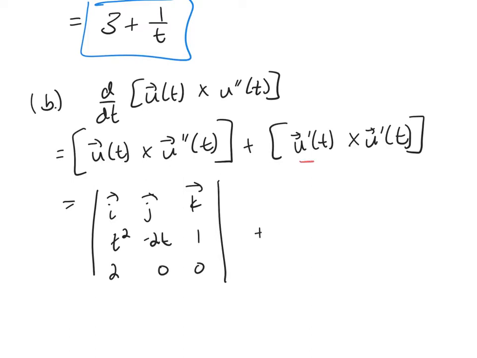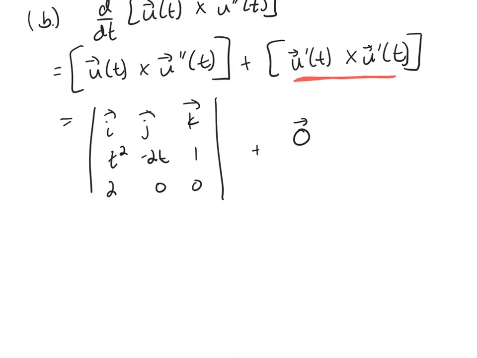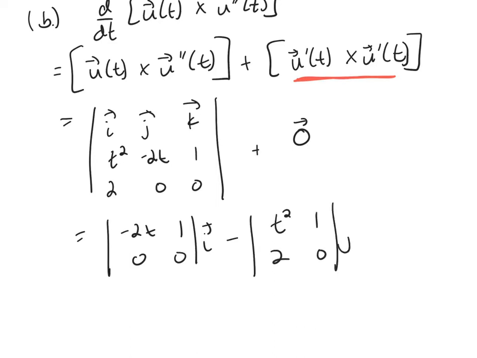Remember, we had a property that said if you take a cross product of a vector with itself, this is just the 0 vector. So I just need to compute this one cross product here. Minus 2, 1, 0, 0, i minus t squared 1, 2, 0, j plus t squared minus 2t, 2, 0, k.